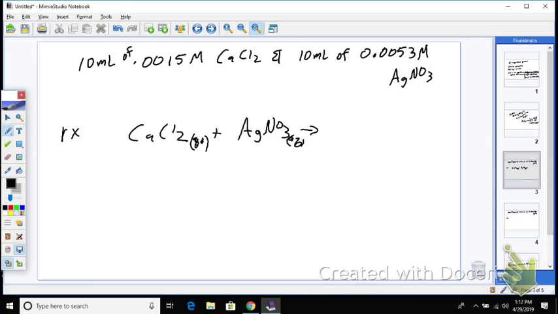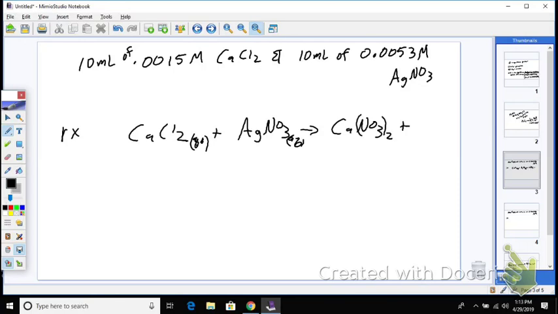So what are our products? Double displacement. Tell me what the products are. One product is Ca(NO3)2. Yep.